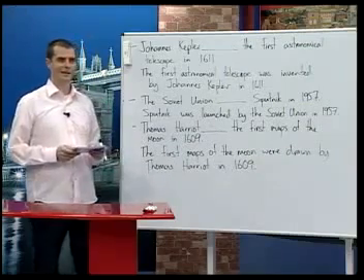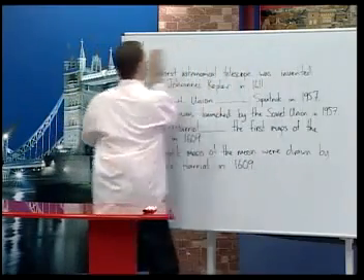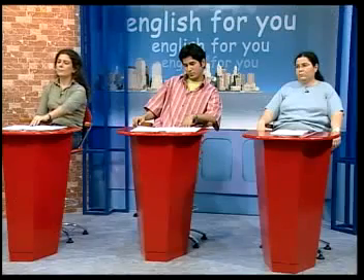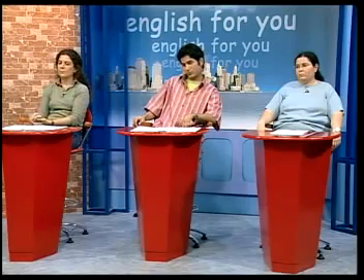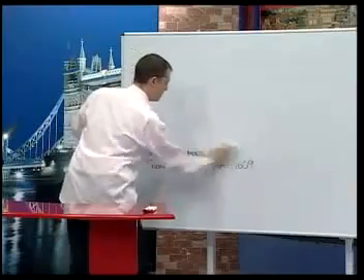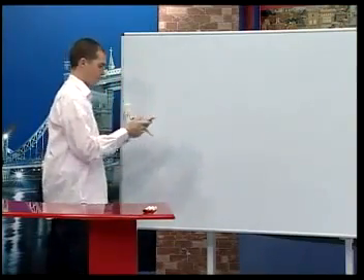Let's do another exercise, and we'll try something new this time. This time, I'll write a sentence, and there'll be a mistake in the sentence, and you have to find the mistake and then correct it. And Rosa, you can do the first one.